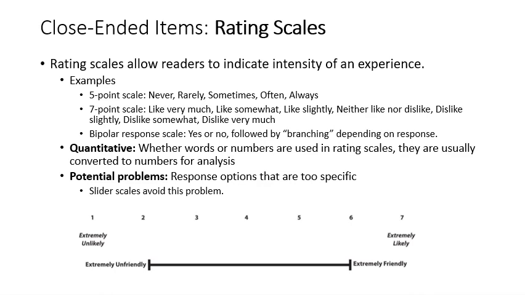A person might not be able to fit themselves right in. And we can solve this problem using things like slider scales, where there would be a little bar along this extremely unfriendly to extremely friendly, and a person could just drag that bar to a point that seemed about right for their own level of intensity. Or, of course, using these numbers as I just indicated.